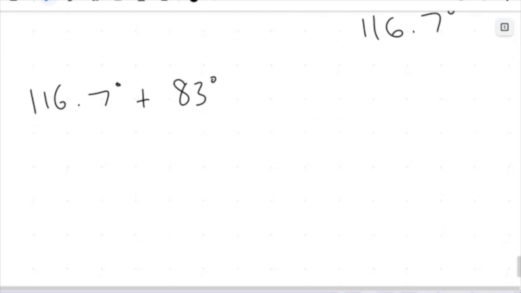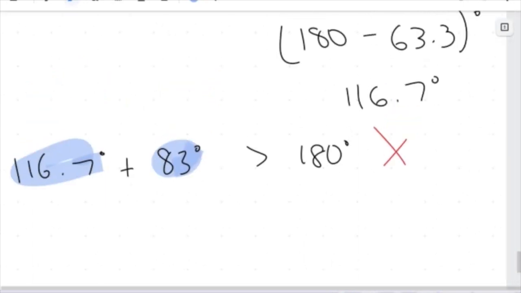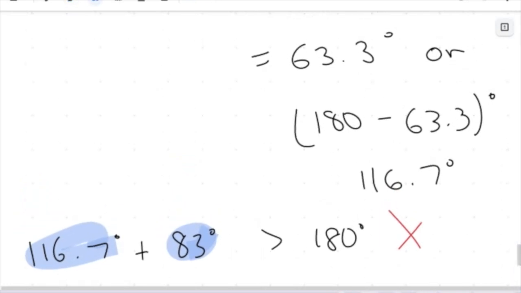You can already see it's adding to a number greater than 180. The angle sum of a triangle can never exceed 180 degrees, so this answer is actually not correct. Once we find a theta value, we have to consider this ambiguous case, but we know whether it exists or not based on the other angles in the triangle that we're given. Here, we're given an angle that when added to 116.7 gives something bigger than 180, so this is not a solution.